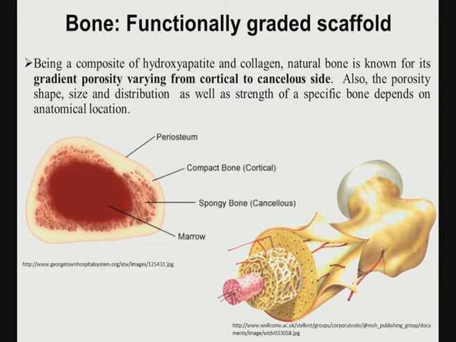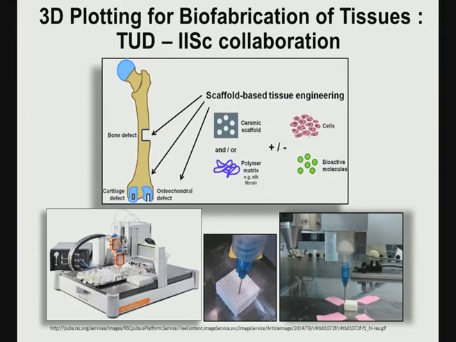The pore shape, pore size and their distribution as well as strength also depend on the anatomical location of the structure. It is very difficult to mimic this kind of gradient porous structure in artificial synthetic materials, and this gradient porous structure is what drives 3D printing to be adopted in tissue engineering applications.